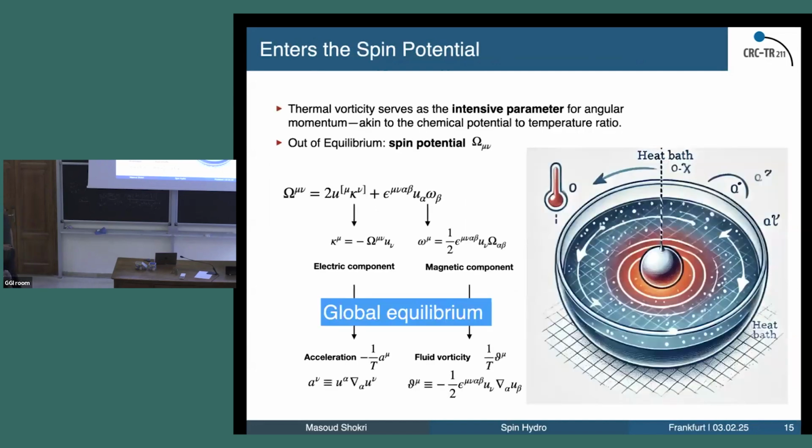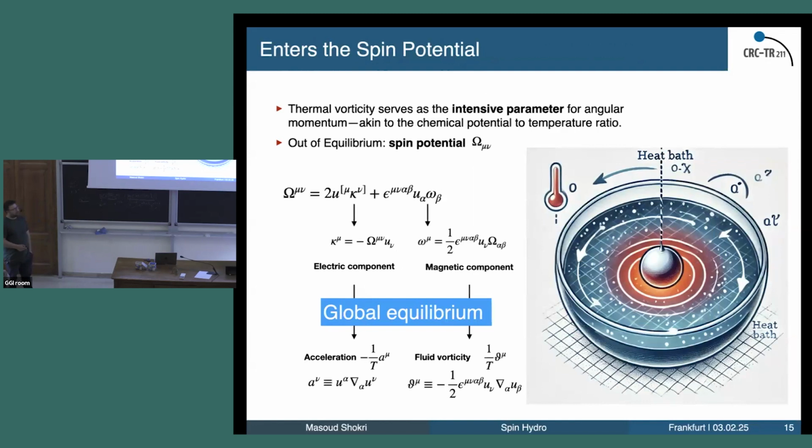So then, thermal vorticity actually is the intensive parameter for angular momentum in global thermodynamic equilibrium. This is something like the chemical potential over temperature ratio being the intensive parameter with respect to number density.